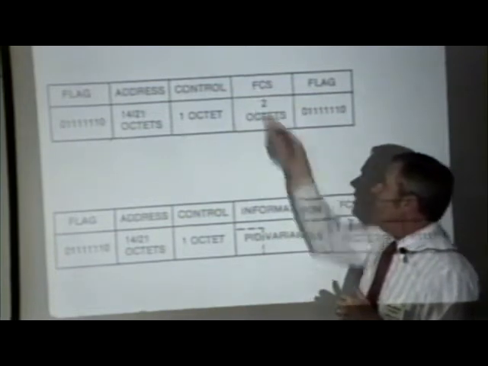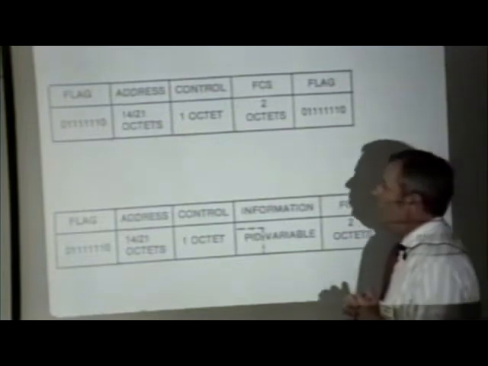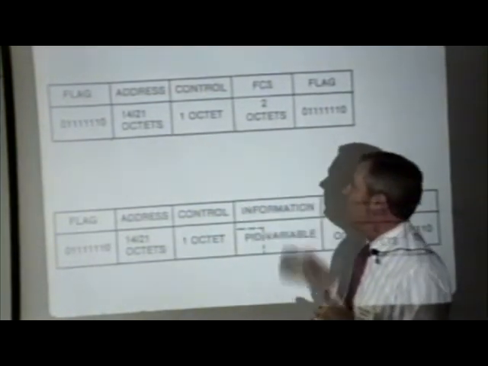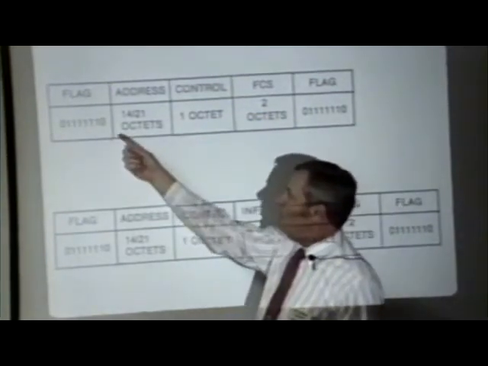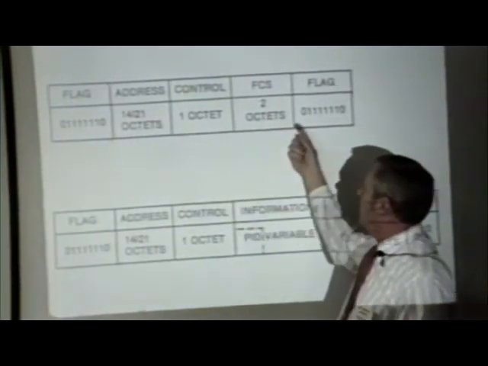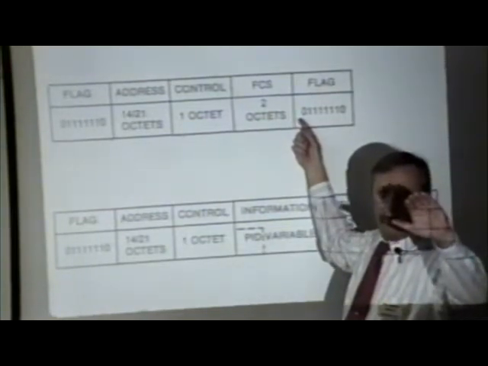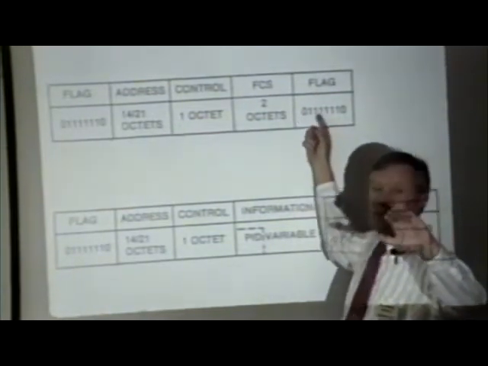Then we have the FCS, frame check sequence. Now this is where the magic comes in. When the TNC sends this frame, it looks at the bit structure in here. Between flags, Joe? Is that right? I don't think flags are included in that. No, they wouldn't be because it's after it.